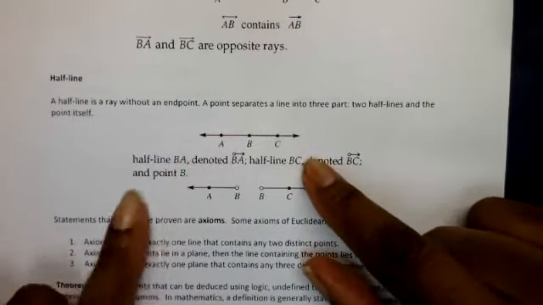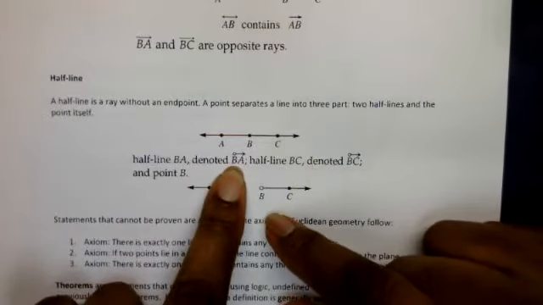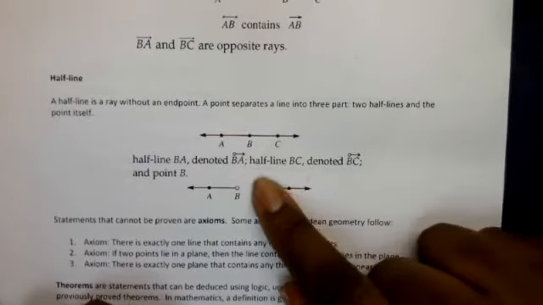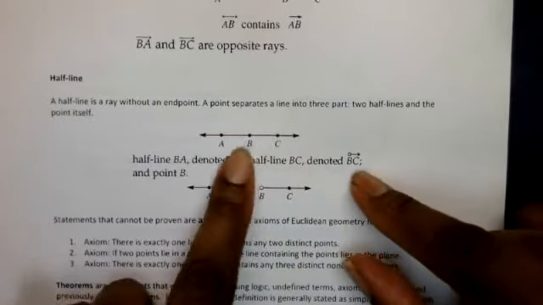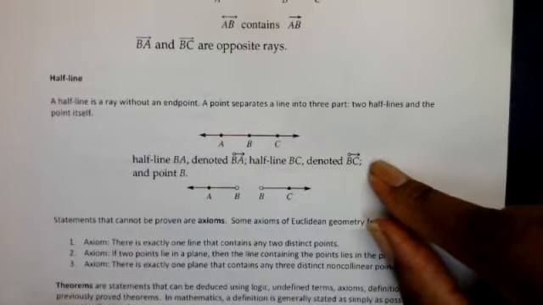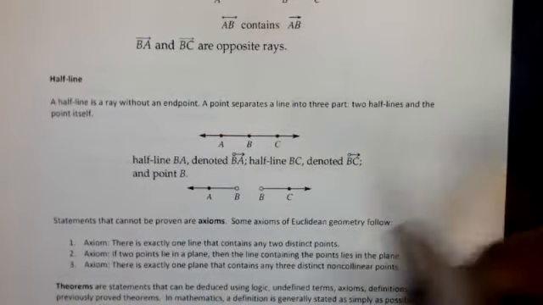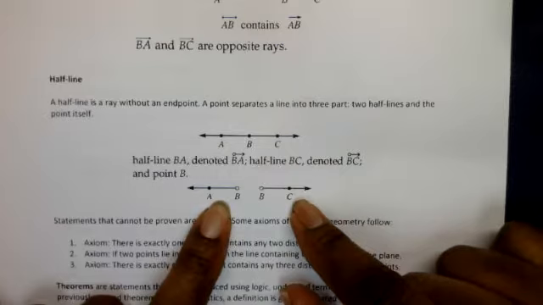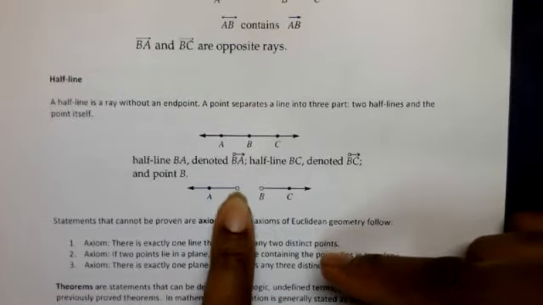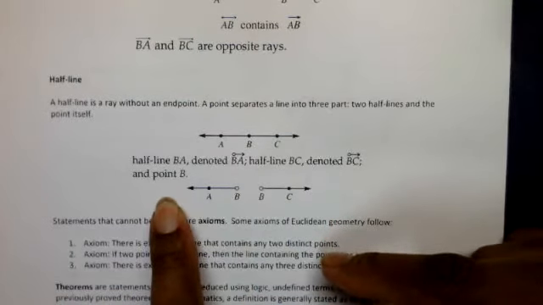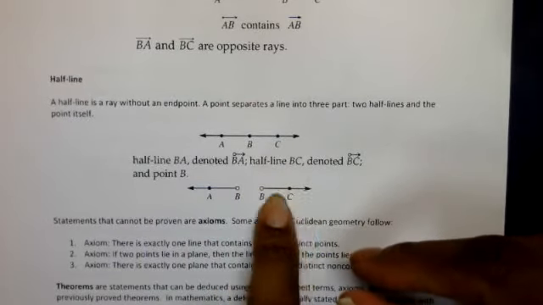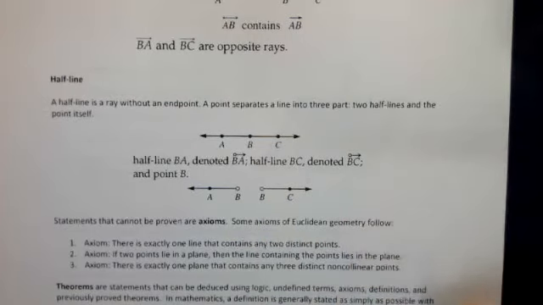So if I have this right here, the half line BA will be denoted by an empty circle starting at B going through A, and half line BC will have the empty circle at B passing through C. So here's what those half lines look like. Here at B, you have an empty circle, passes through A in this direction. Empty circle at B passes through C, the ray passes through C in that direction.